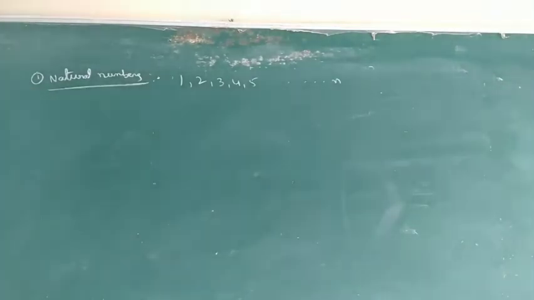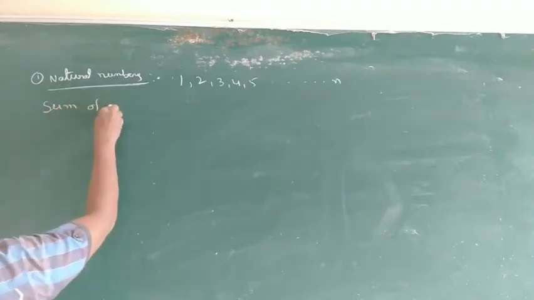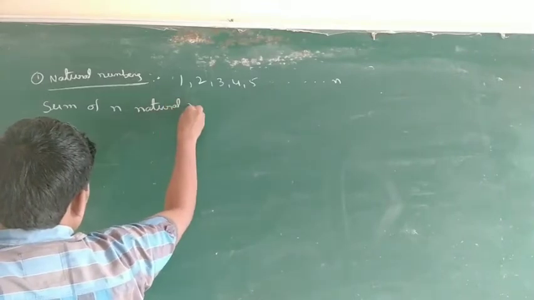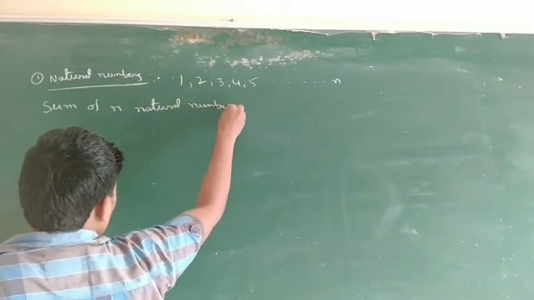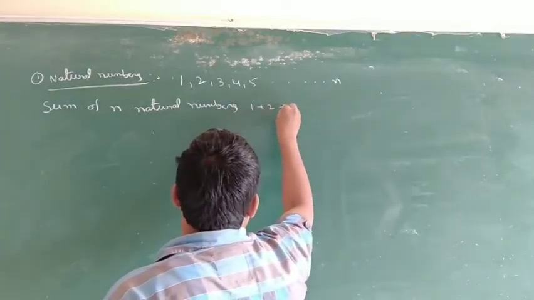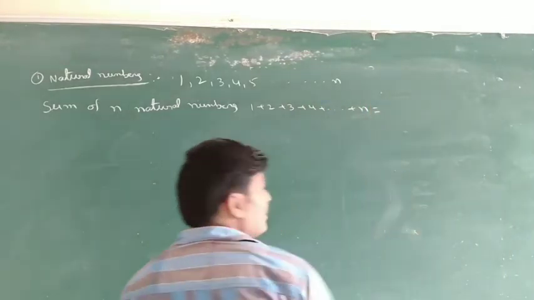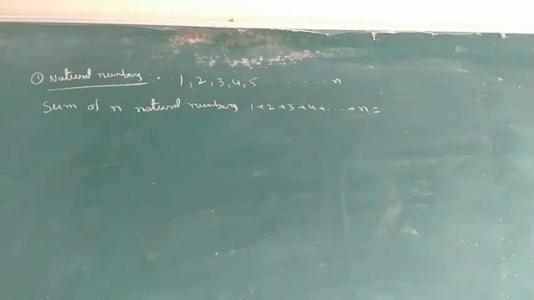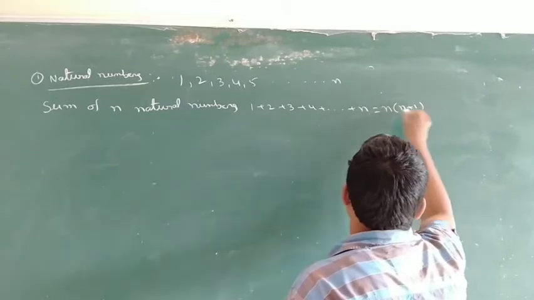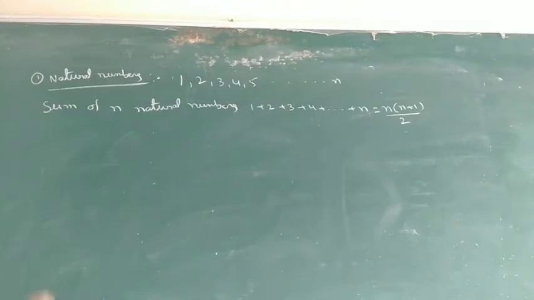Okay now, next. Sum of n natural numbers: 1 plus 2 plus 3 plus 4 and so on plus n. Formula: n into n plus 1 by 2.